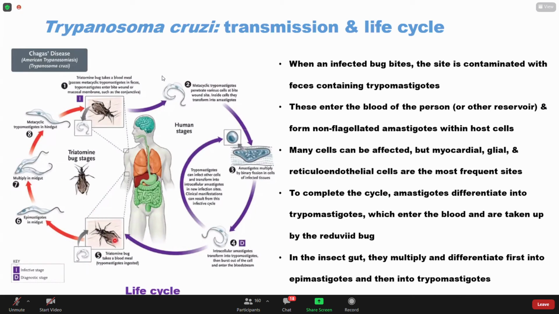An uninfected Reduviid that comes for a blood meal can pick up these trypomastigotes, and these are going to undergo further division and maturation to become what we call the metacyclic trypomastigotes, which is the infective form in this newly infected triatomine bug. And when this newly infected triatomine bug goes for the blood meal, the life cycle continues.